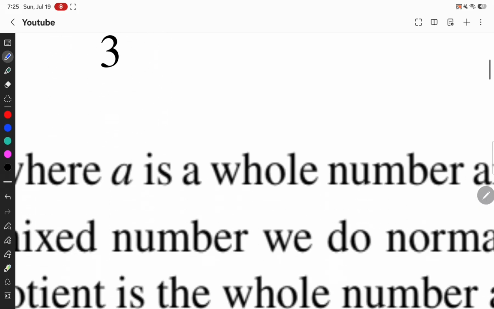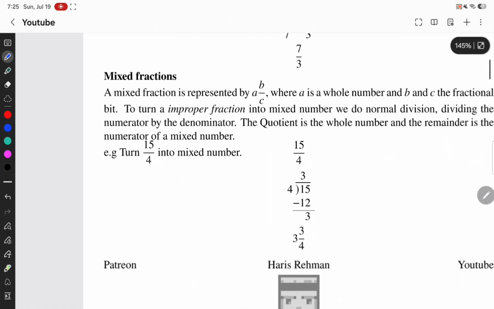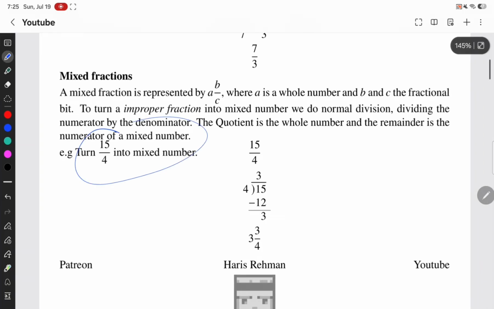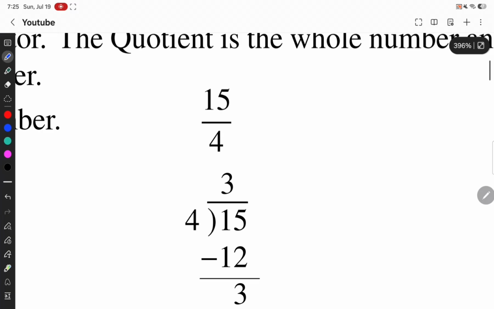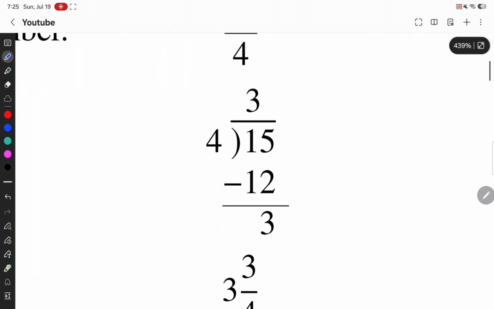Let me explain how we find mixed numbers. Example, we want to turn this improper fraction 15 over 4 into a mixed number. We divide 15 by 4, using long division. So we can see 4 times 3 is 12, subtract first.